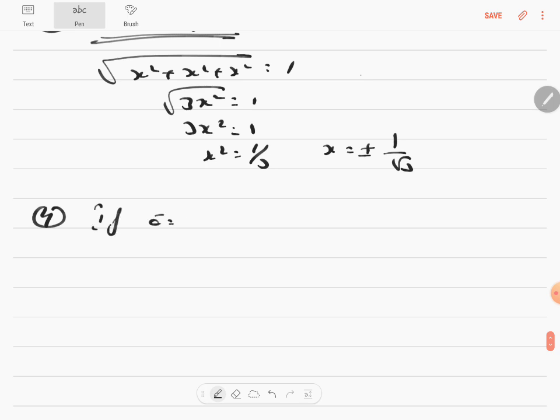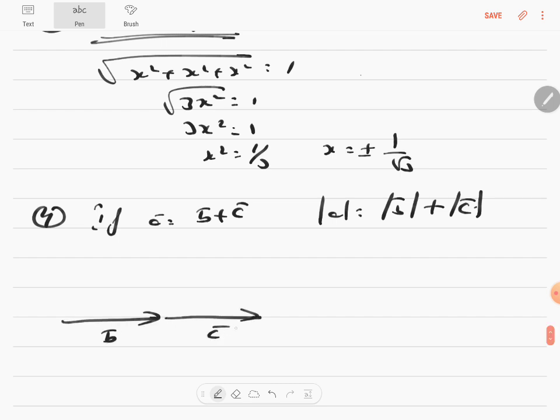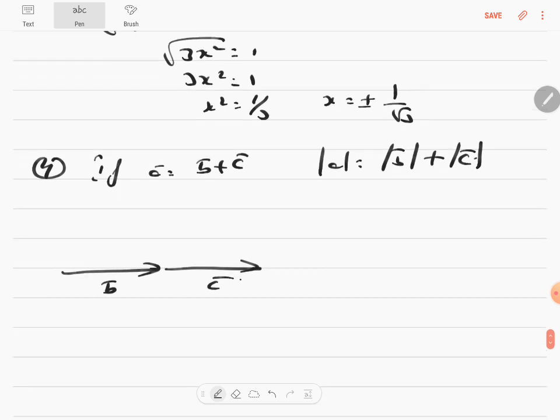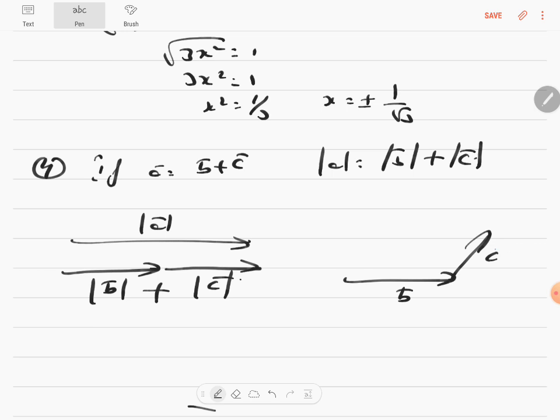If A vector is equal to B vector plus C vector, the magnitude of A vector is equal to magnitude of B plus magnitude of C. Is it true? Okay, when B vector is like this and C vector is like this, when they travel along the same line, then the magnitude of B plus magnitude of C will obviously be equal to the magnitude of A. But what happens if B vector is like this and C vector is like this?